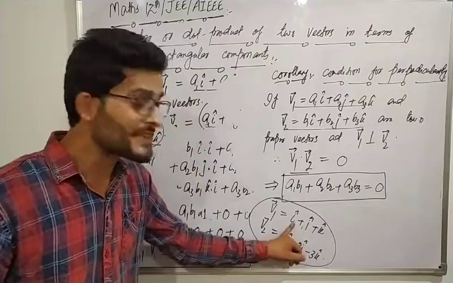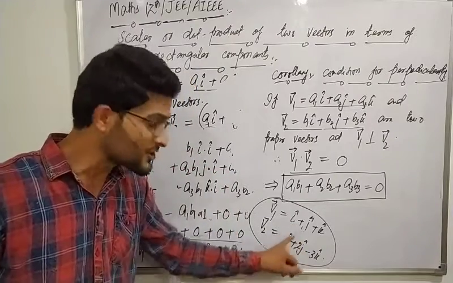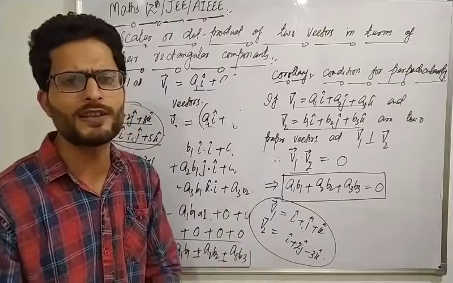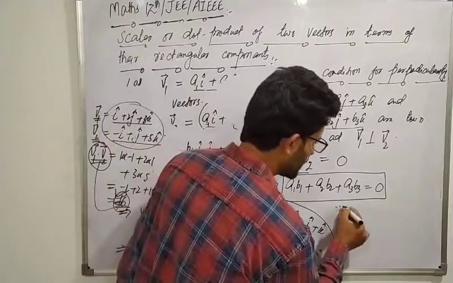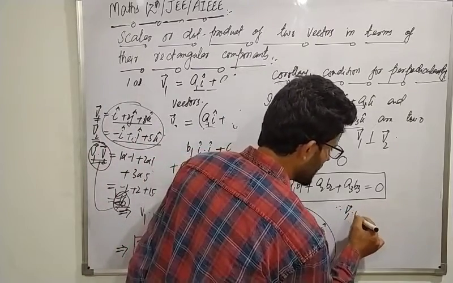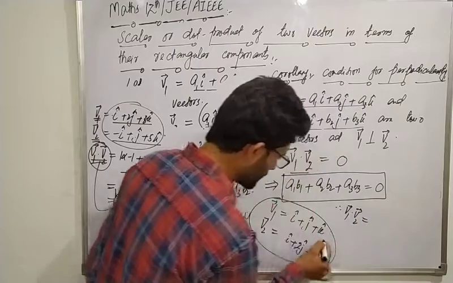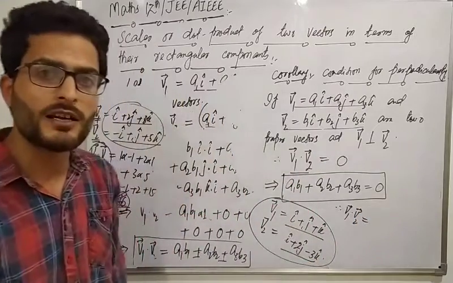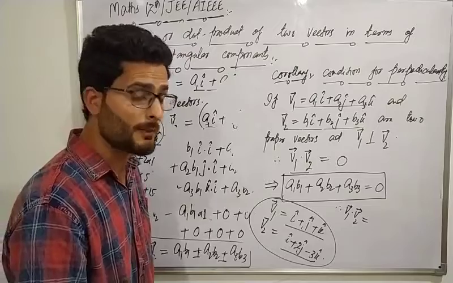No, because here the vectors are expressed in terms of their rectangular components, so we will directly find their dot product. So therefore आप कैलकुलेट करोगे जिगरा v1 dot v2, dot product of two vectors, but when they are expressed in terms of their rectangular components किसके बराबर होता है?